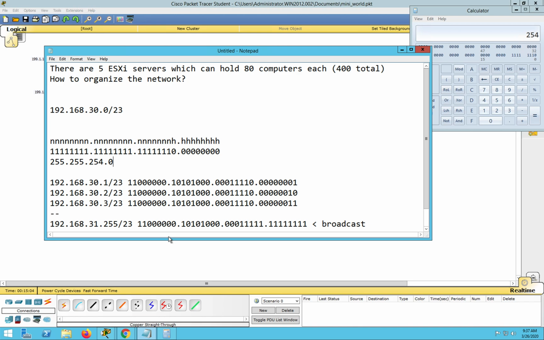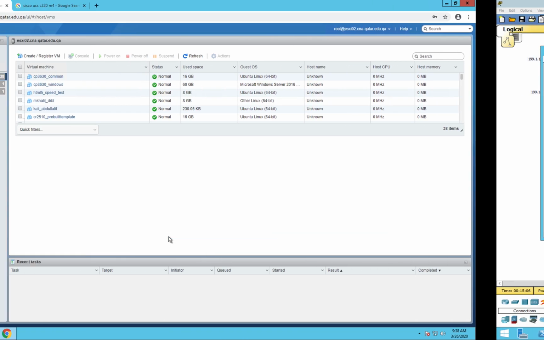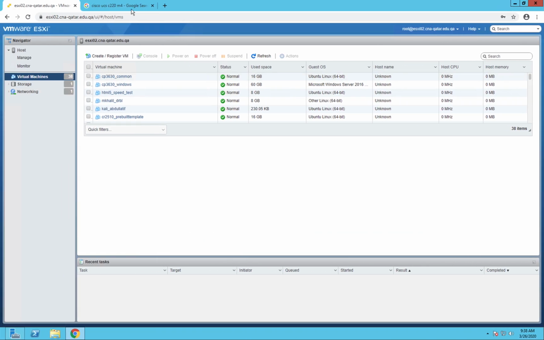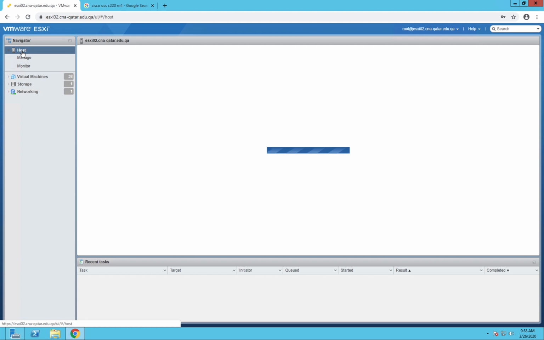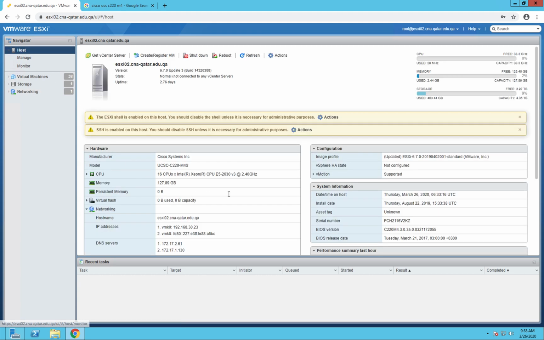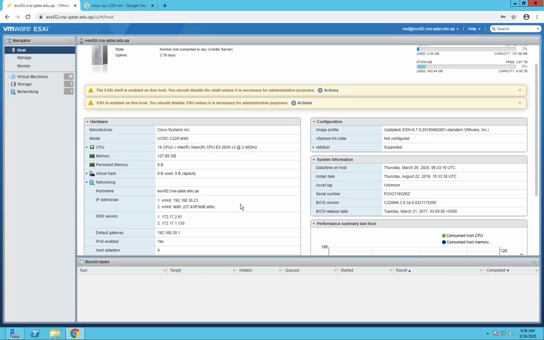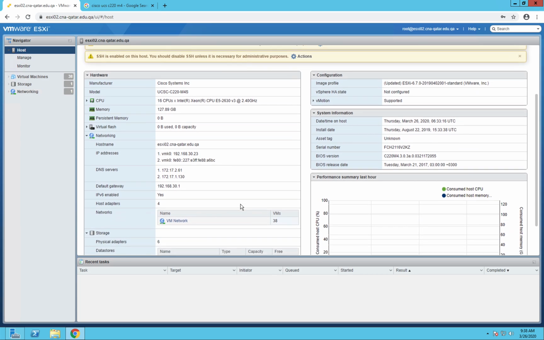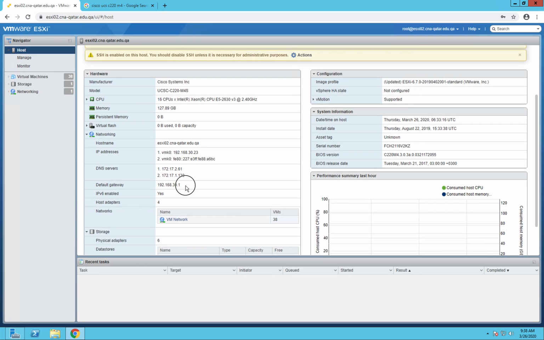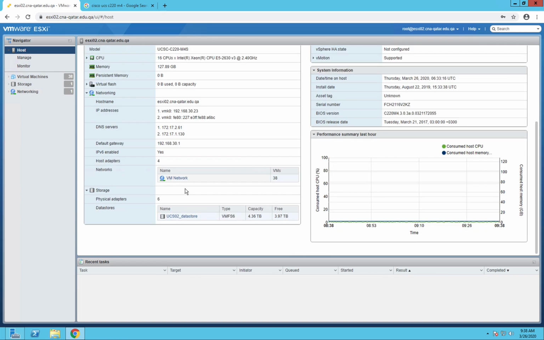In order to do this, let me go back to my server for a second, and let me take a peek at, maybe under the word host, I will see what I'm looking for. Let me see if I can spot it. If not, take a look at this. Recognize the default gateway, 192.168.30.1.